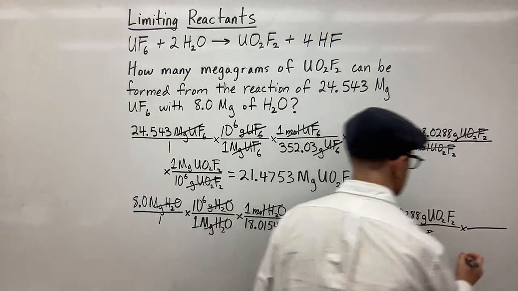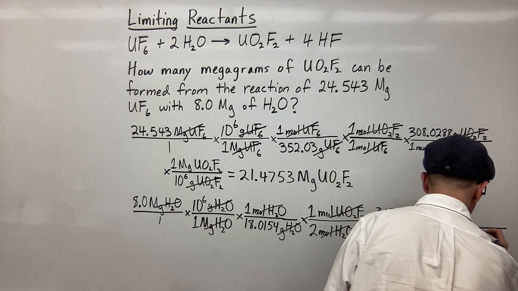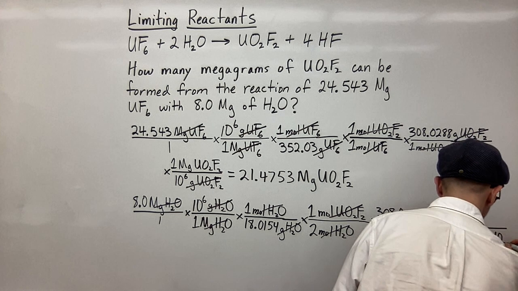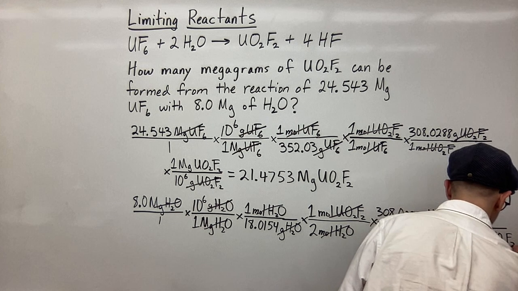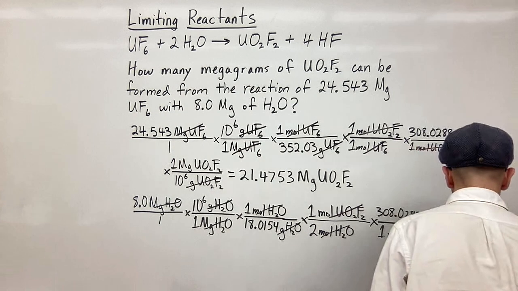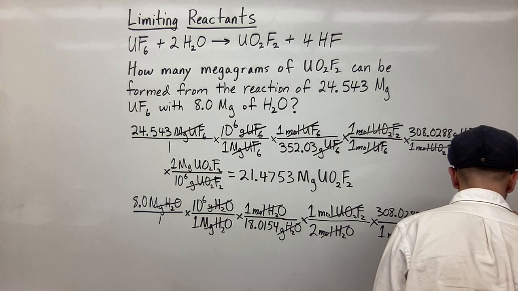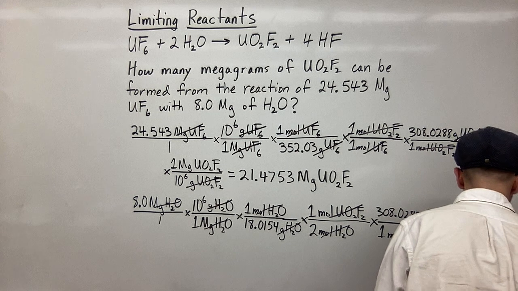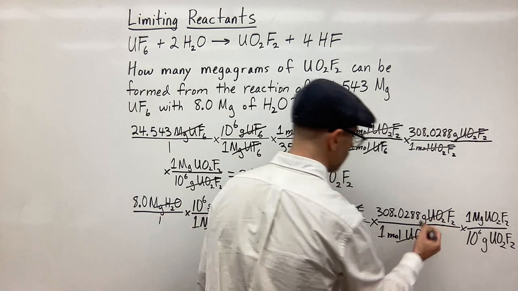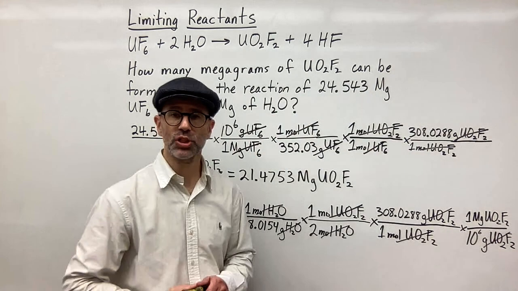I have grams on the top, so I'm going to have 10 to the 6 grams of the UO2F2. On the bottom, I'm going to have 1 megagram of the UO2F2. So the grams of this substance cancel out. Now I'm left with megagrams, which is what I want.